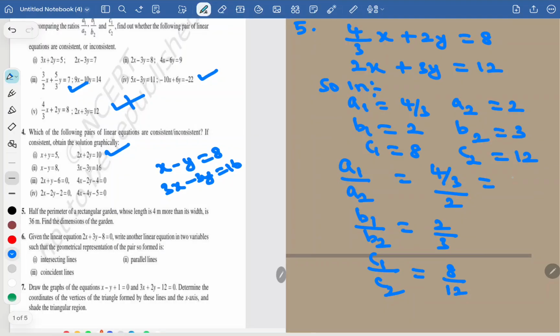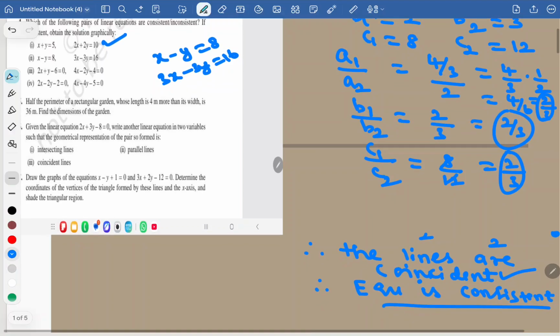4 by 3 divided by 2 means 4 by 3 into 1 by 2, 4 by 6, answer 2 by 3. Here also 2 by 3. If we simplify, 4 2s are 8, 4 3s are 12, 2 by 3. 2 by 3, 2 by 3.